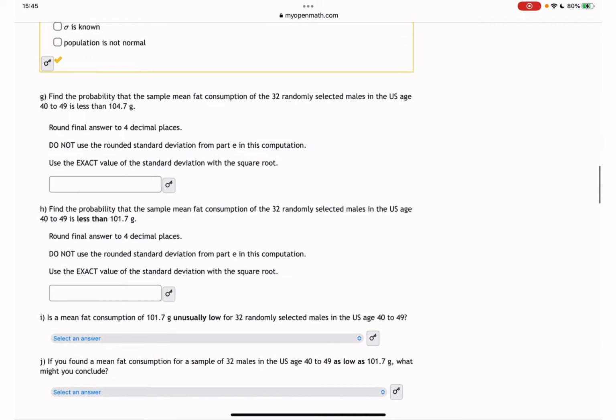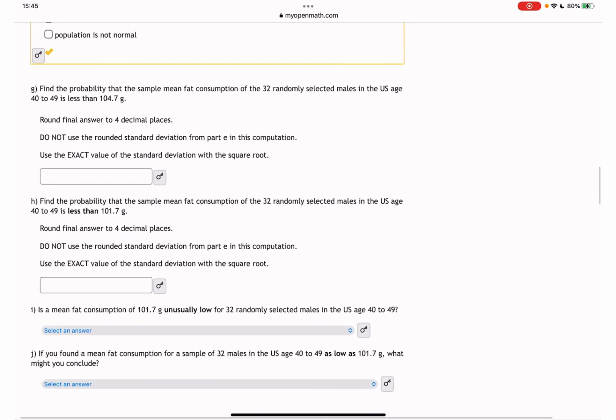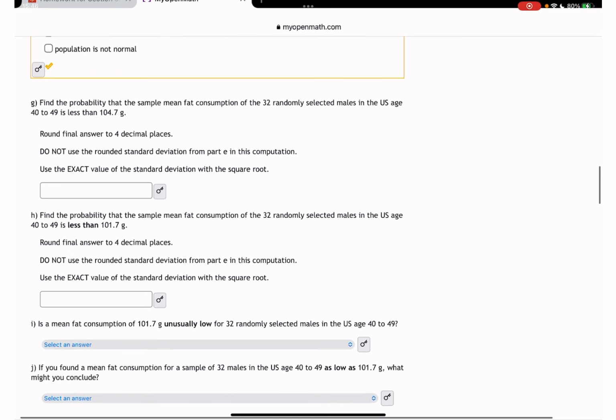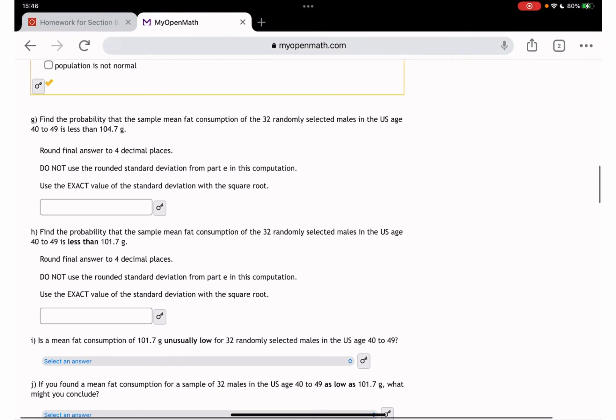Find the probability that the sample mean fat consumption of 32 randomly selected males in the US, age 40 to 59, is less than 104. We are going to round to 4 decimals. Do not use the rounded standard deviation from part E. Use the exact value of the standard deviation with the square root.